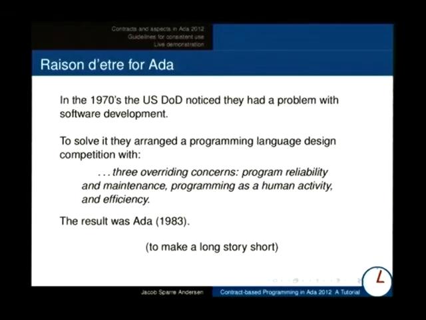Since you haven't all heard that much about Ada before, I'll take some of the reasons why we should be using Ada, at least the design arguments for Ada: seeing programming as a human activity, reliability, and maintenance.